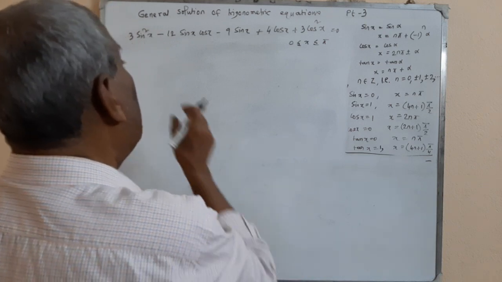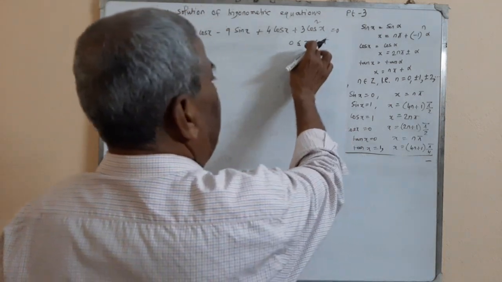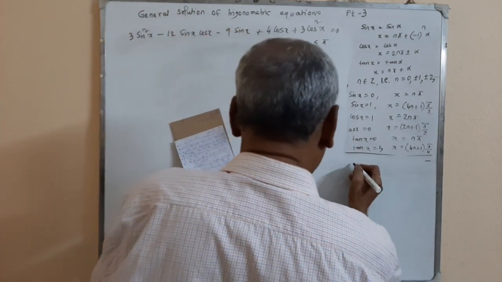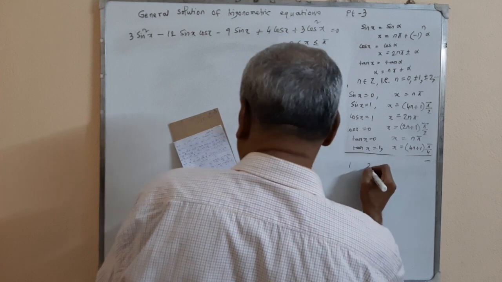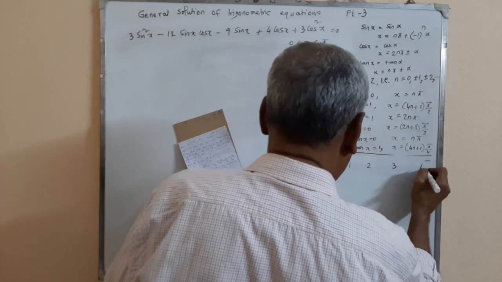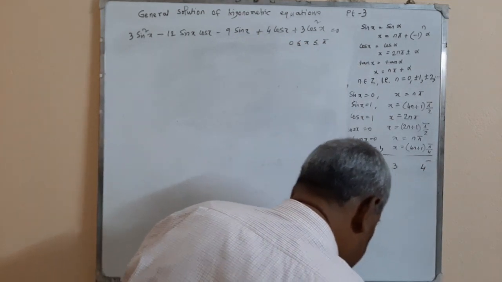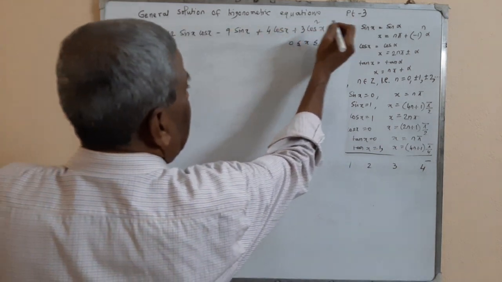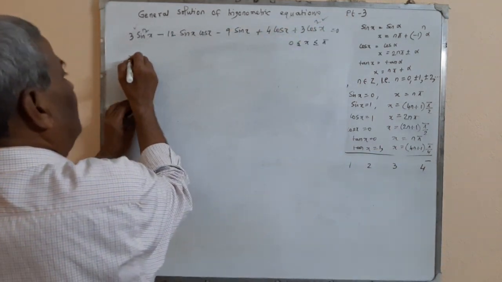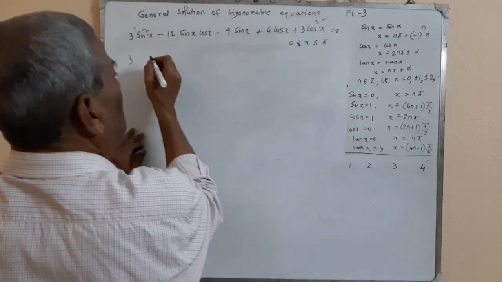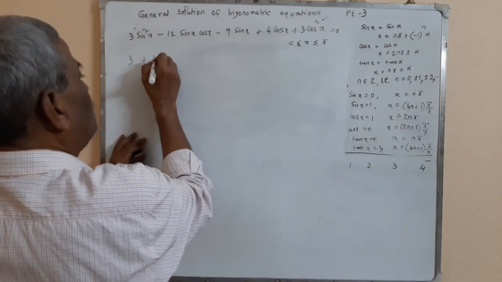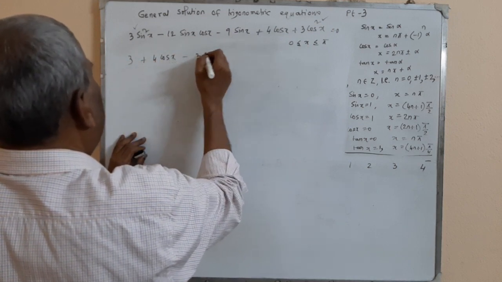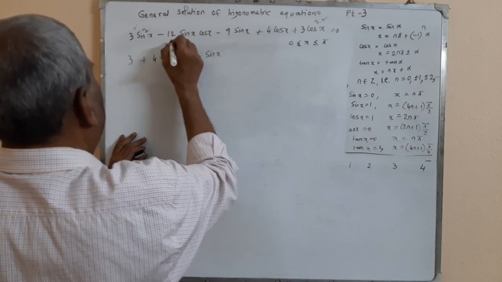The question is, how many solutions does it have in that range? Number of solutions, options are 1, 2, 3 and 4. Now you see, these together is 3, this and that, plus 4 cos x. From these two, minus 3 sin x can be taken common.